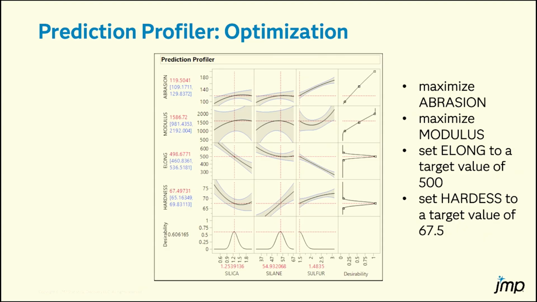You're going to put numbers in that JMP will add up to 1 and then proportion. So you could say importance 1, 2, 3, and 4. But what that means to JMP is there's 1 component for abrasion, 2 components for modulus, 3 for elongation, and 4 for hardness.